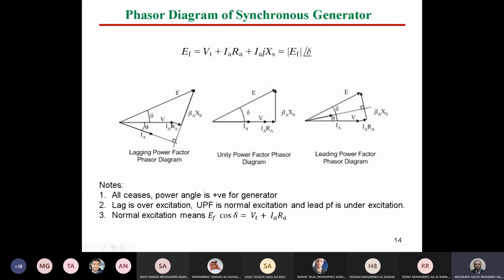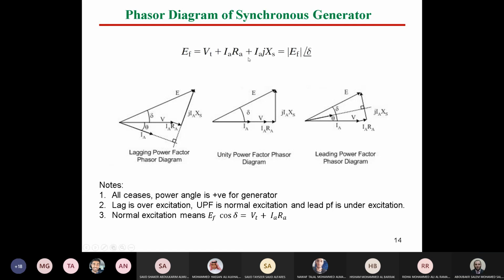So this is the end of the terminal. We can start plotting the second vector here. IARA will be another vector in the same direction of IA. So starting from the end of V and plotting another vector in parallel with IA, because it's in the same direction. So this is IARA now.